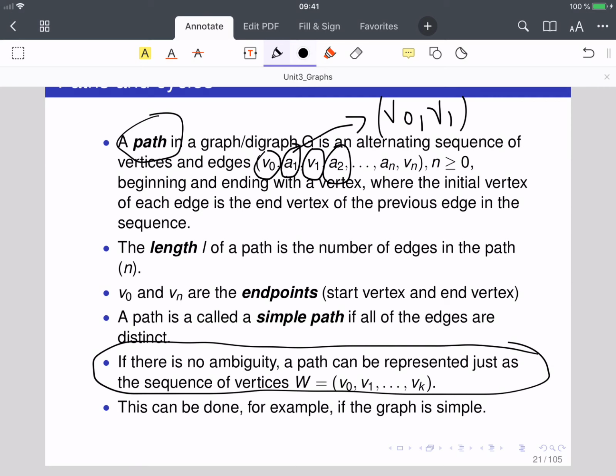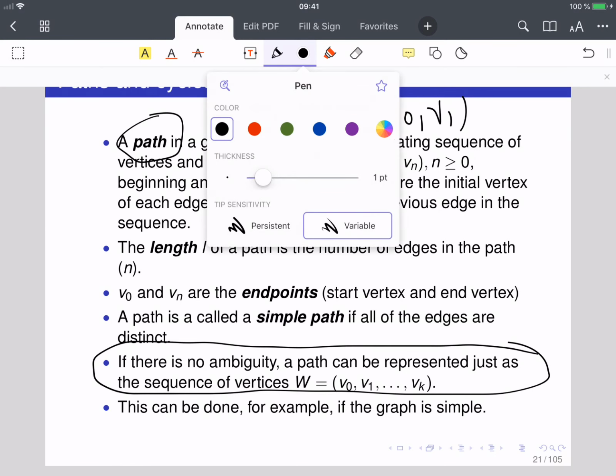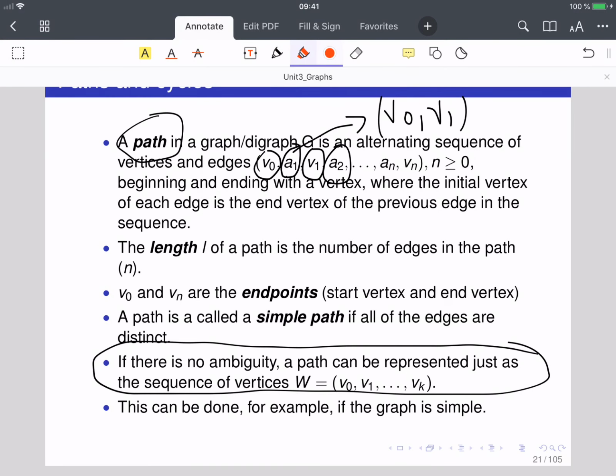An important notion related to paths is the length. The length of a path is the number of edges in the path. And notice that this length could be 0, because we consider that a single vertex, a single node, is a path.